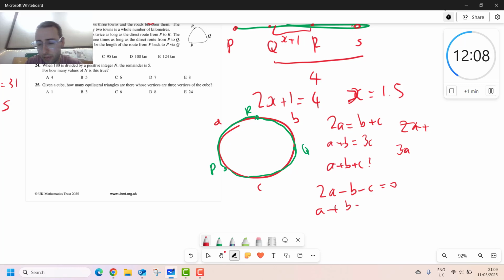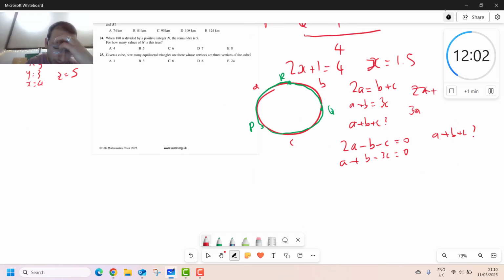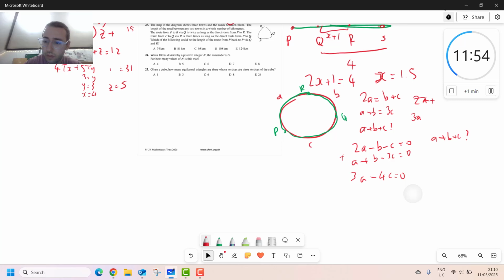A plus B minus 3C equals 0, and we want to know what A plus B plus C is. So if I add these together, I get 3A minus 4C equals 0. So 3A equals 4C.